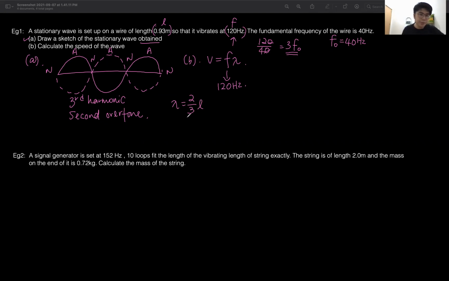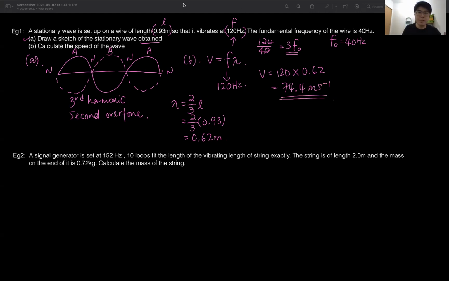So 2/3 times 0.93 gives 0.62 meter. So put it in, we have v equals 120 times 0.62, then ms^-1.